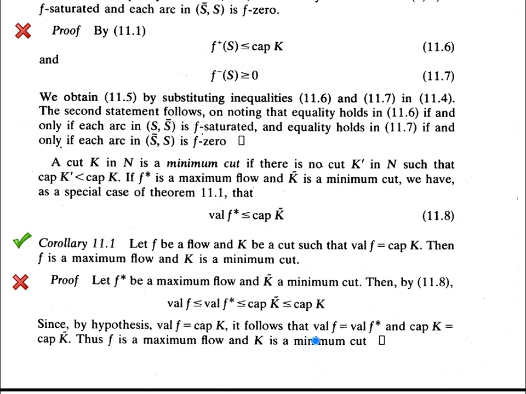A corollary: if you have a flow f and a cut K, and the value of f is equal to the capacity of K, then f is necessarily a maximum flow, and K is necessarily a minimum cut. It's the generalization of what we were saying about the presence of a single bridge, a cut arc, so to say.